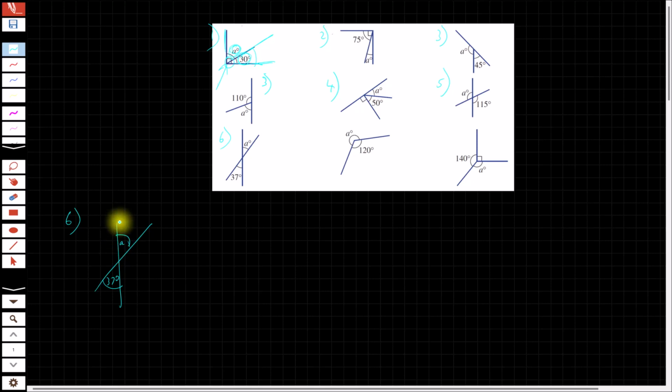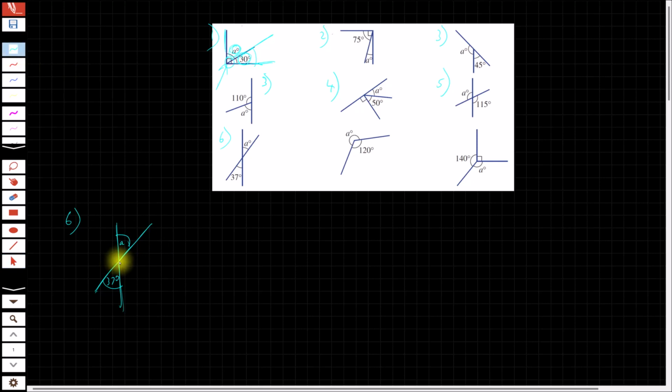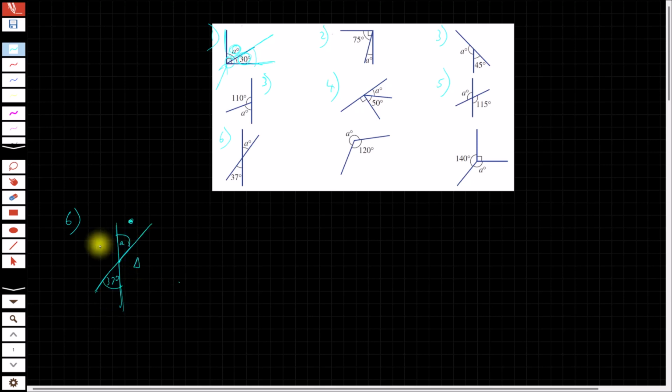But we can see here we have two straight lines intersecting at a point. We know that opposite angles are equal. So this angle here is equal to this angle here. So A equals 37 degrees.